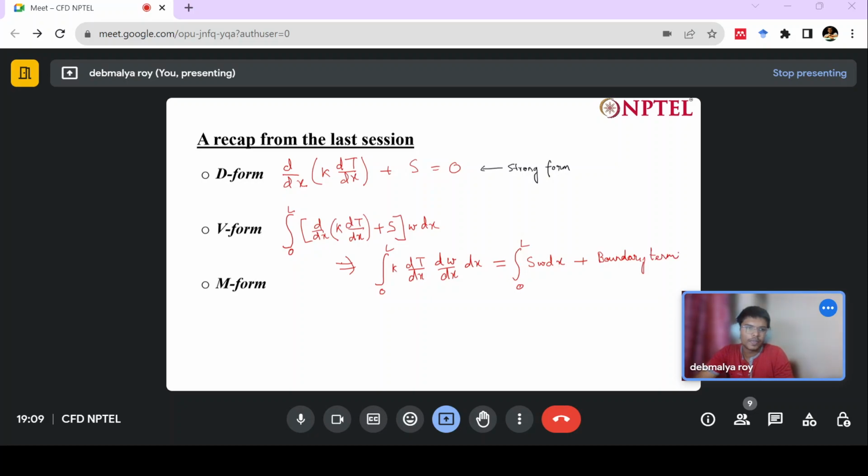So this can also be represented by a bilinear operator. This is the bilinear operator. Bilinear has some properties. Bilinear is one of the properties of this operator.